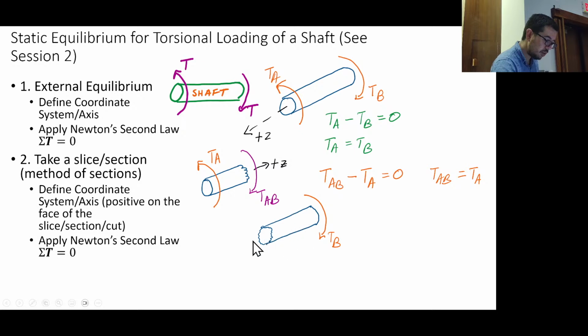If we took a slice and exposed the left side, we still want to follow the right-hand rule, and that's still going to be TAB. And notice they're in opposite directions, but they're describing the same behavior. They're going to have the same magnitude, just like that. Any questions on this? Okay, good.